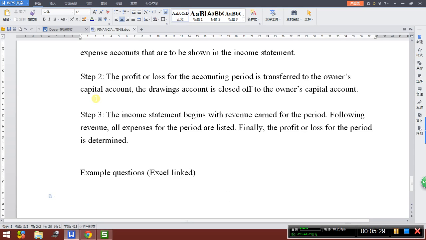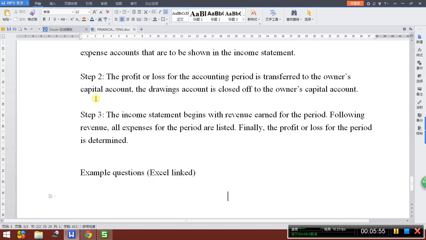So the capital is a mixed figure, not the simple capital. It includes three parts. Step 3, the income statement begins with the revenue earned for the period. Following revenue, the expenses for the period are listed. Finally, the profit or loss for the period is determined.